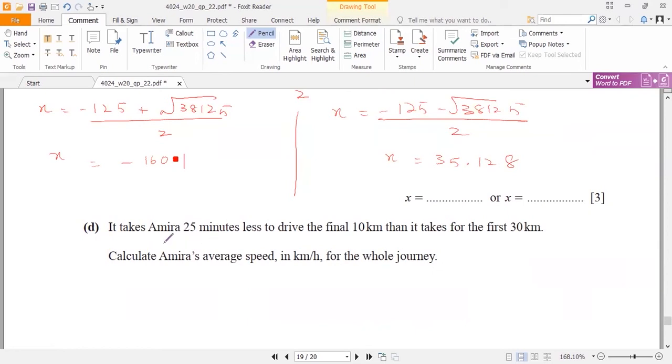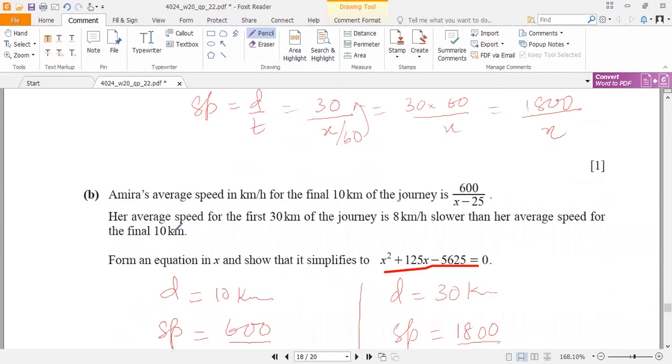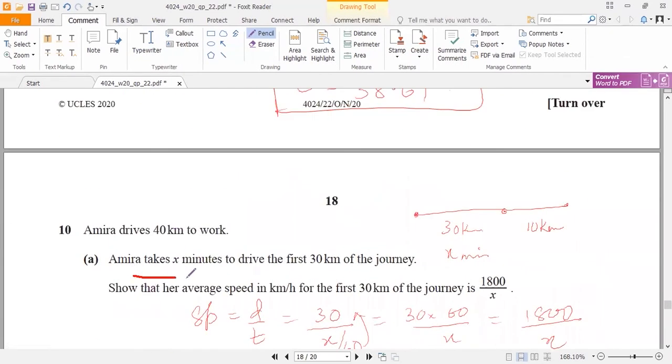It takes Amira 25 minutes less to drive the final 10 kilometers. Now for the final 10 kilometers, it will take less than 25 minutes. As you can see in the question, in part A, for the first 30 kilometers, it takes x minutes, right?